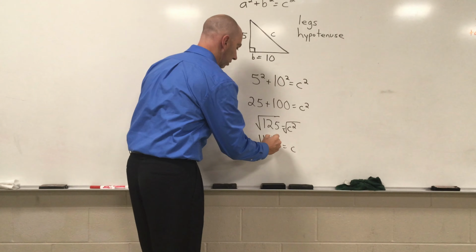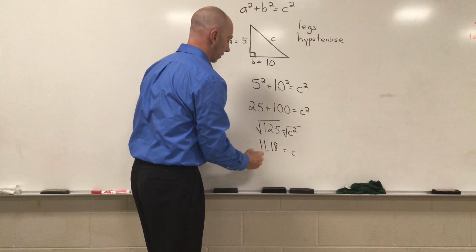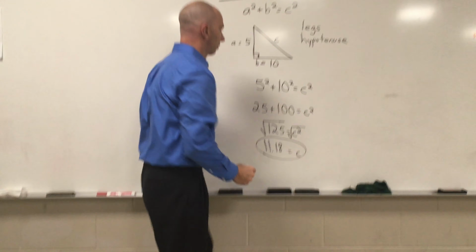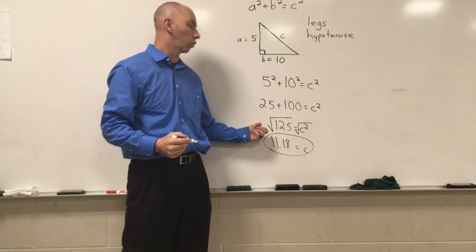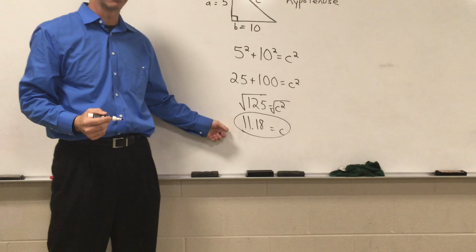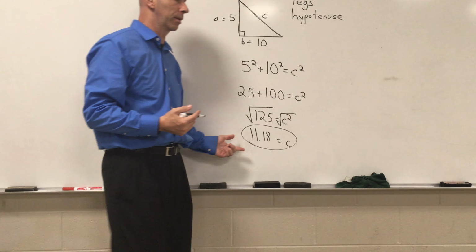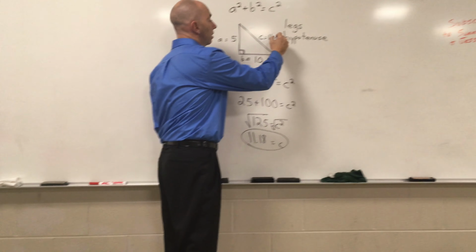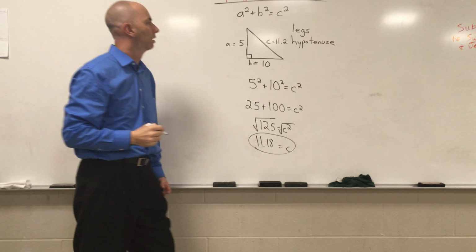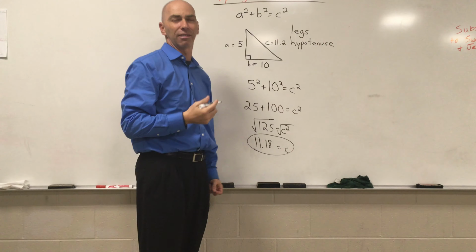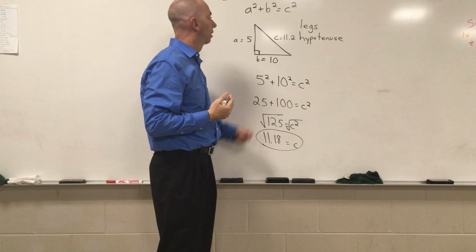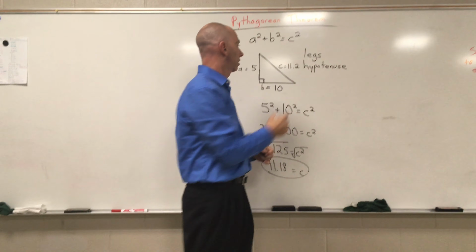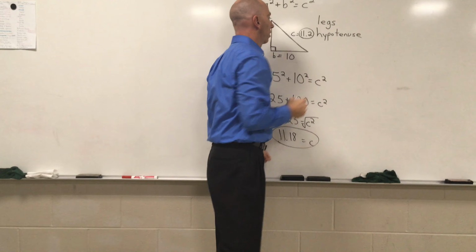Because you know the square root of 121 is 11, so if you're just guessing, you'll be a little bit higher than 11. So in this case, if we round it to the tenths place, it's 11.2. Most times I would just say round the Pythagorean theorem answer to the nearest tenth. Don't go any further than that.